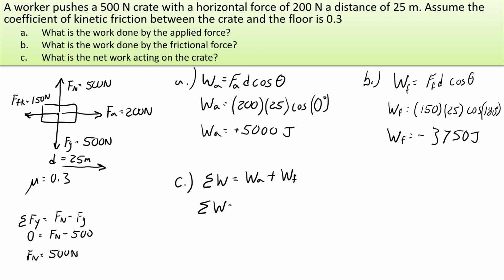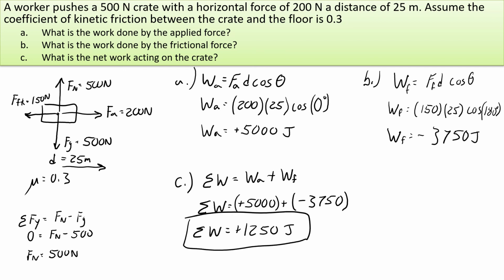So the net work is equal to positive 5,000 plus negative 3,750. And hopefully we get to the same answer. It looks like we are. We still arrive at positive 1,250 joules of work being done. The net work of the work done by the applied force plus the work done by the frictional force is still the same thing, positive 1,250 joules.